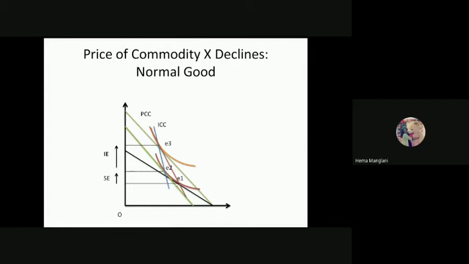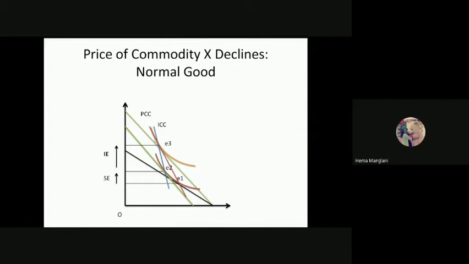And this point of consumption indicates from E1 to E2 you are making a substitution effect. At E1 you are consuming more of X, and here you are consuming more of Y, because you assume that commodity Y is a normal good. Now further, arriving at E2, you would realize that your real income is increasing because you can now consume more of this commodity, and that is why you will shift from E2 to E3.